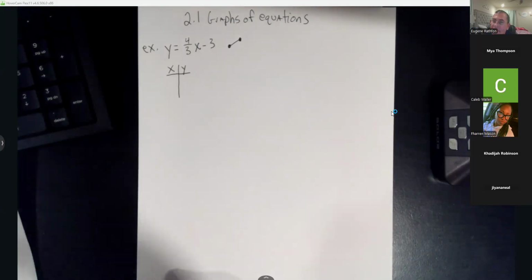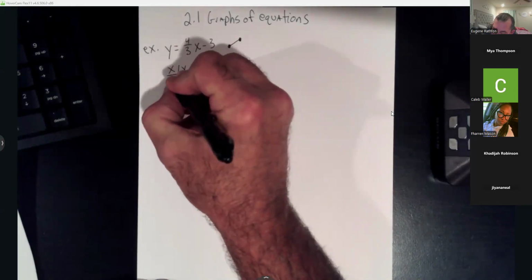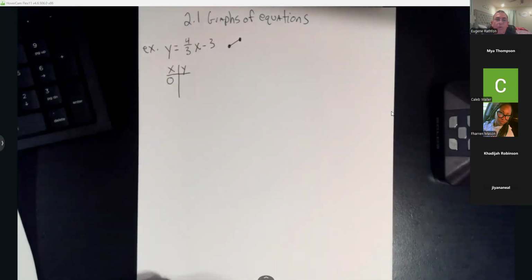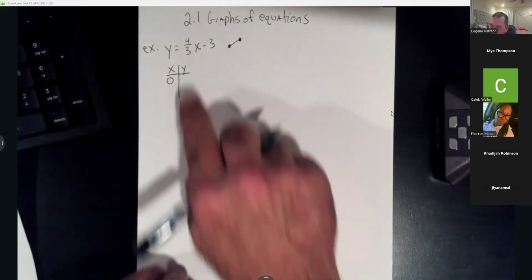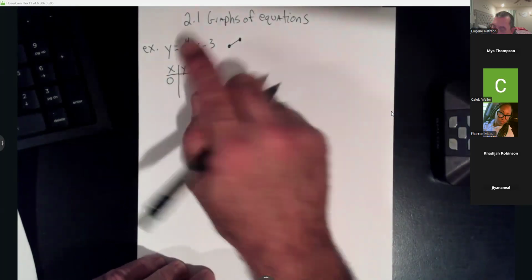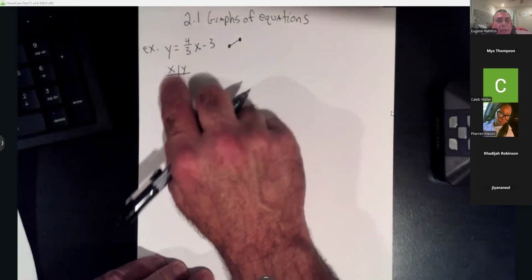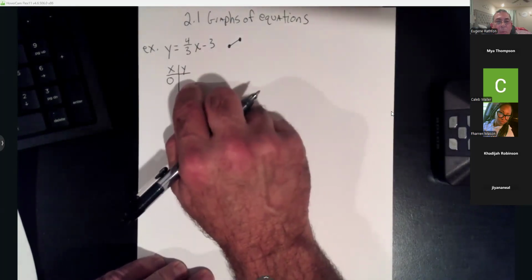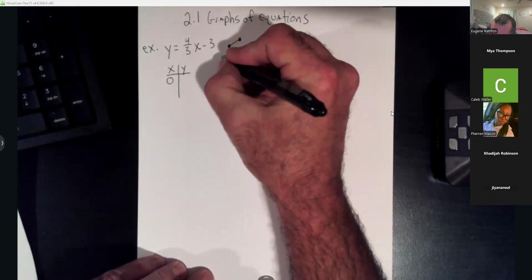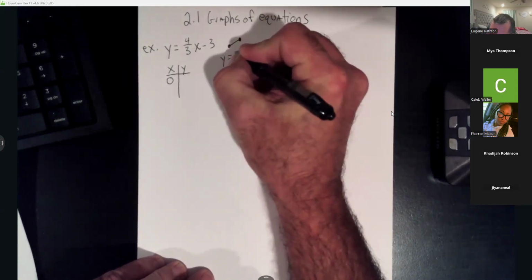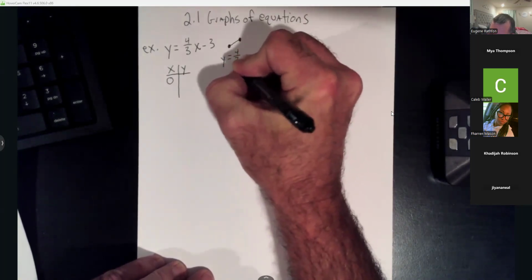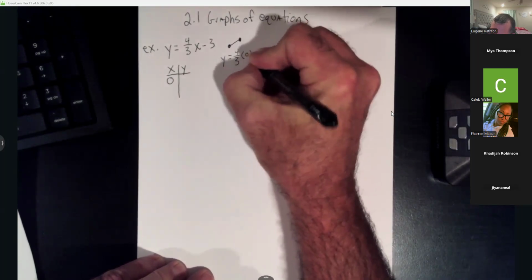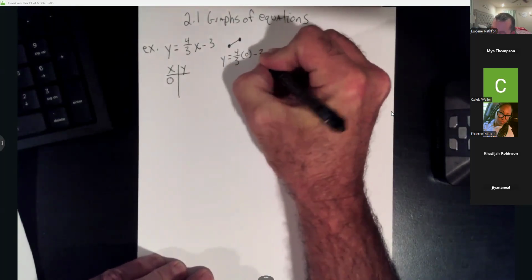So y'all, the easiest number to pick every time I do a graph, I pick a 0. Because y'all, 0 is easy to multiply by a fraction. So let's plug the 0 in for the x and get our y value. So we'll have y equals 4/3 times 0 minus 3.